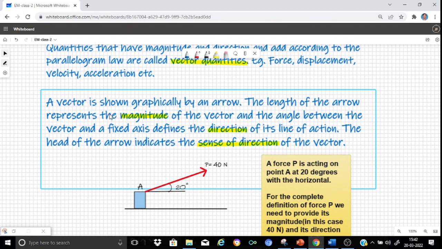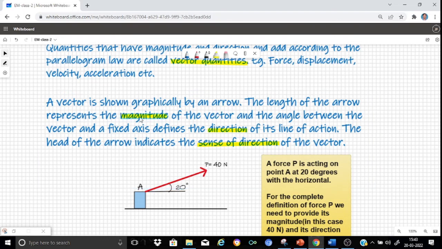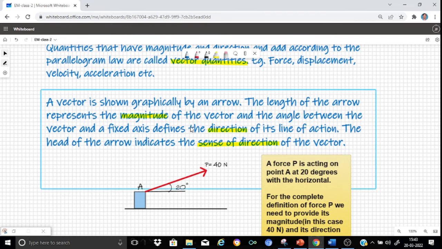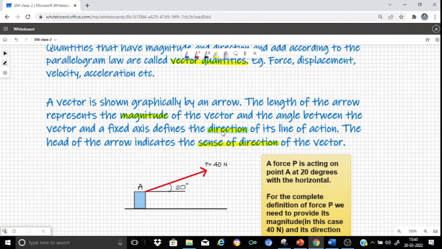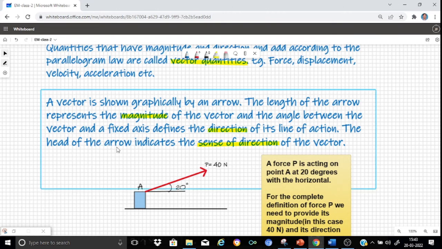The length of the arrow represents the magnitude of the vector, and the angle between the vector and the fixed axis defines the direction. Remember that the head of the arrow indicates the sense of direction. So we have direction and sense of direction.